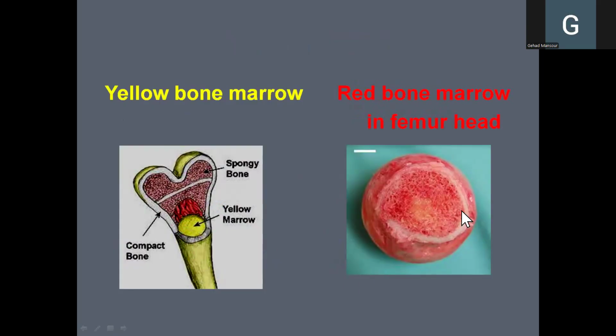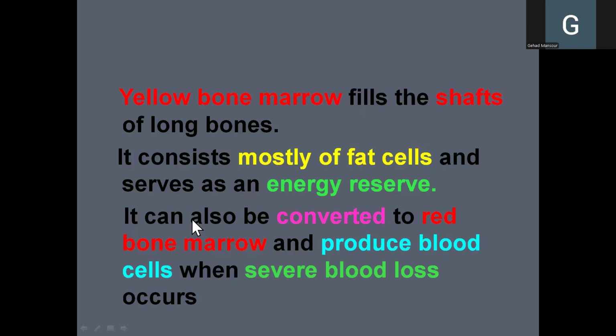So here you can see the epiphysis, or the head of the bone. This is a real picture which contains the spongy bone and you can see that there is no central cavity with the fat. It's all spongy bone, and the cavities contain blood. Here is the red bone marrow. We can see how the spongy bone encloses the red bone marrow, but gradually the central parts convert into yellow bone marrow.